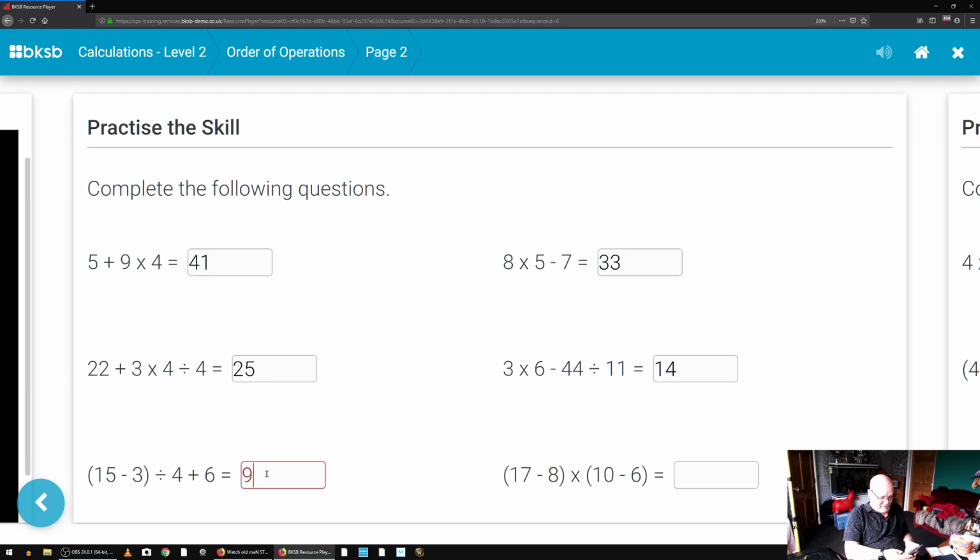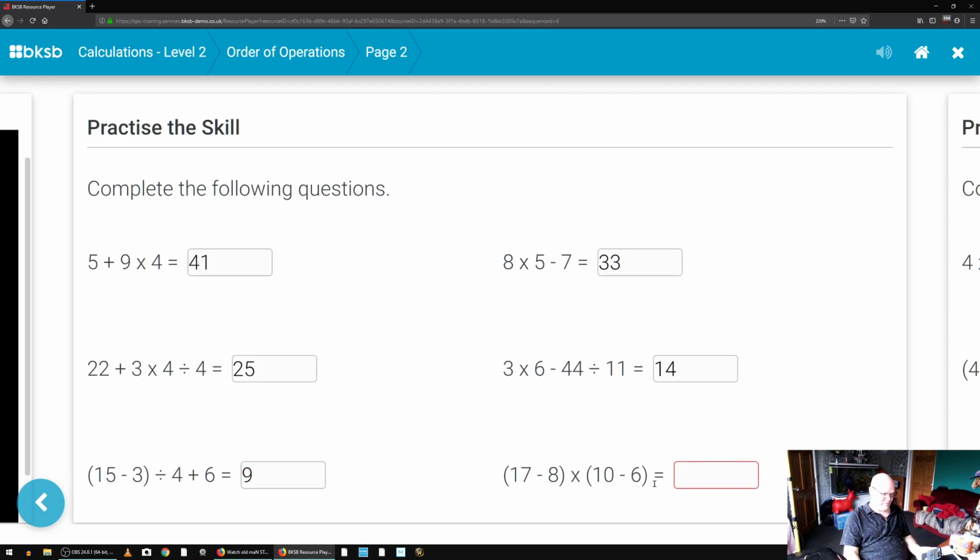Now, is that what I was getting? I wonder if I was getting that in the thing. So 15 minus 3 divided by 4, 6. I got the same answer on my calculator as I did on my workings out, and there is my workings out.